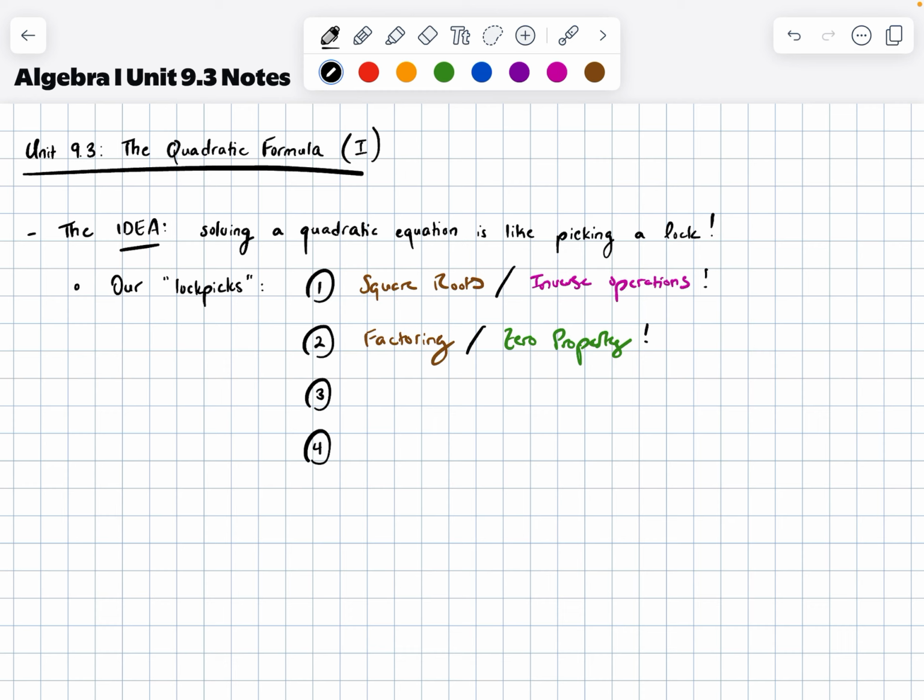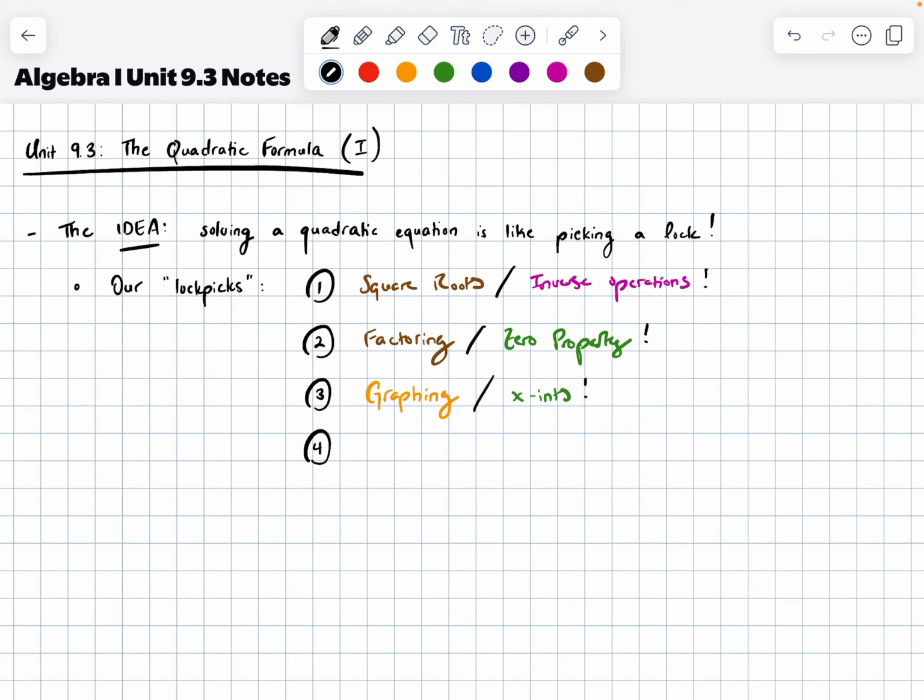Then in Unit 8, we tackled the visual dimension in the form of graphing. And as we generated our graphs, we noticed that solving our equations using either inverse operations or the 0 property was connected to the process of identifying the x-intercepts of our graph.